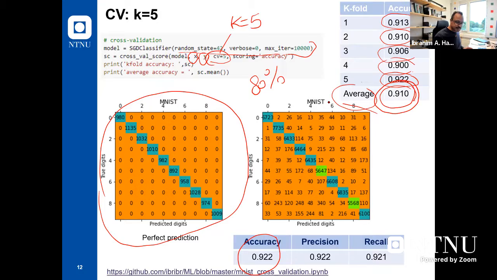Maybe I did that with the whole X and Y, I don't know, in fact. But when we use cross validation, we should not have any test set for testing our model, because it has been tested already.